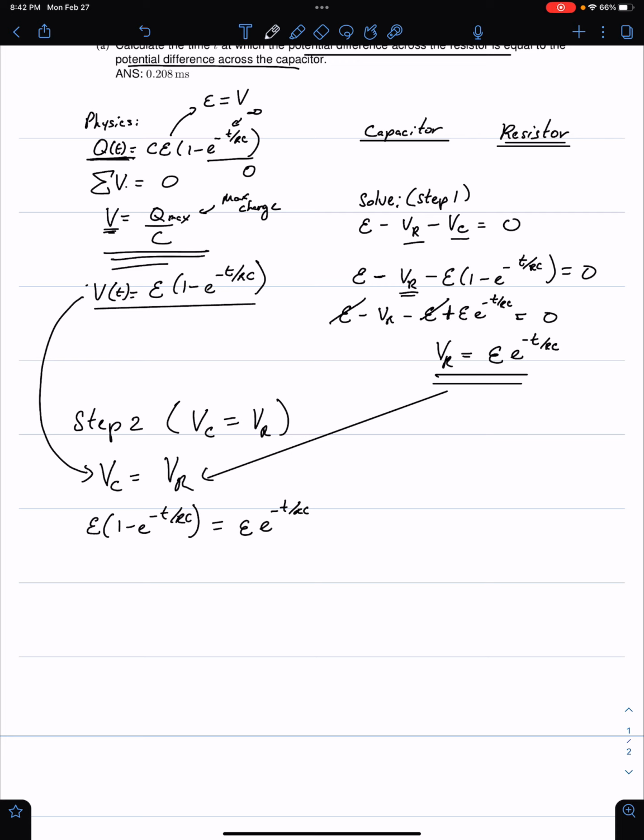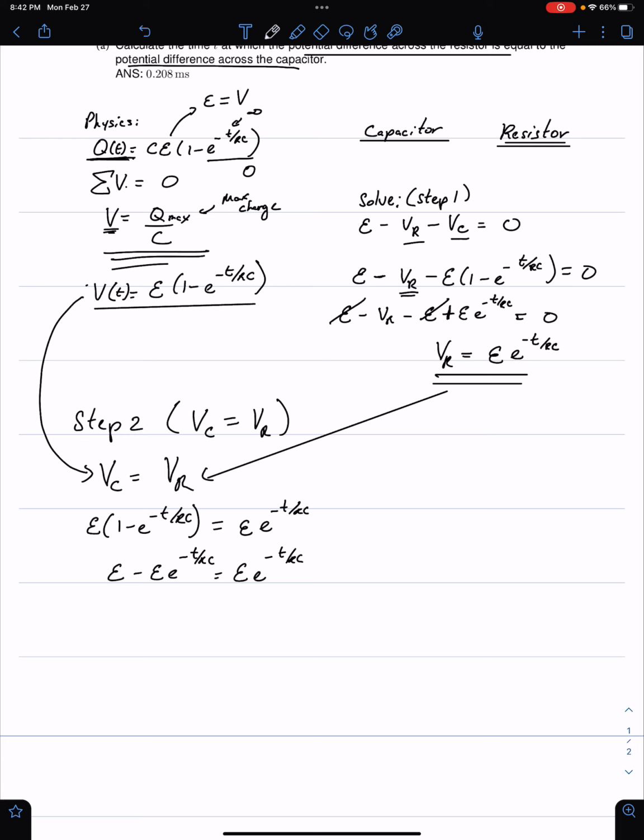Substitute that, EMF minus EMF e to the negative t over RC equals EMF e to the negative t over RC.